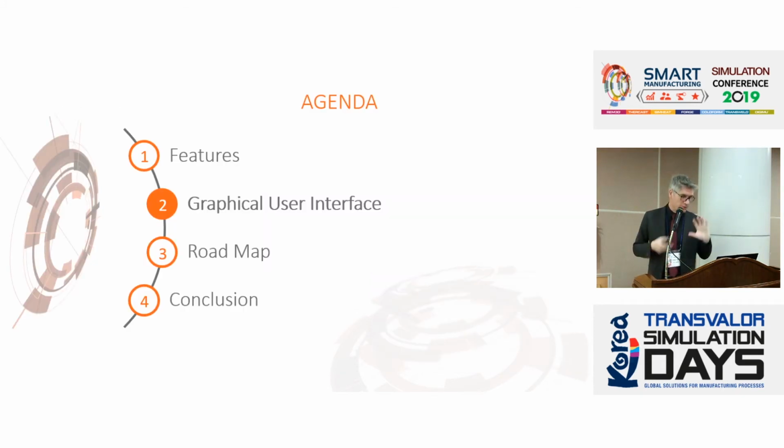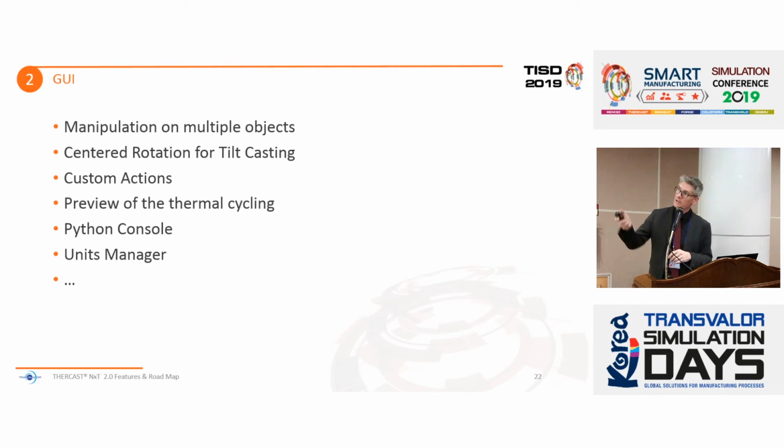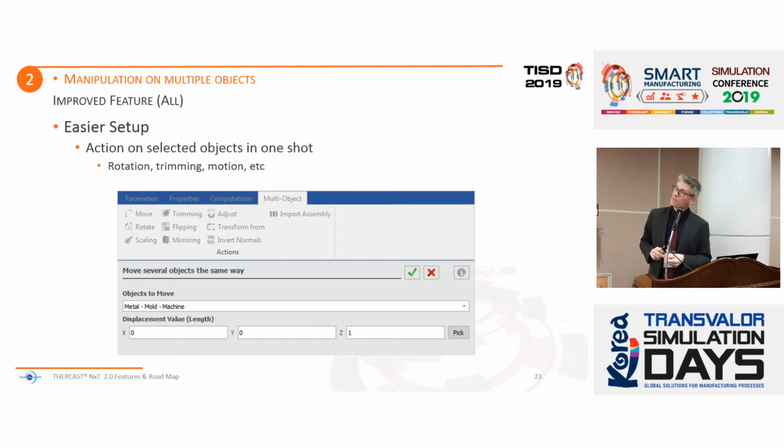Okay, this was an overview of the features, and regarding the technical features developed especially in pre and post-processing, I will now introduce these new features. The first one, which is really interesting, is that we have added into the pre-processing the capability to transform multiple domains in one shot.